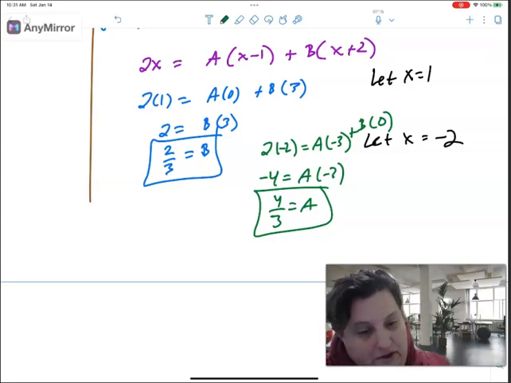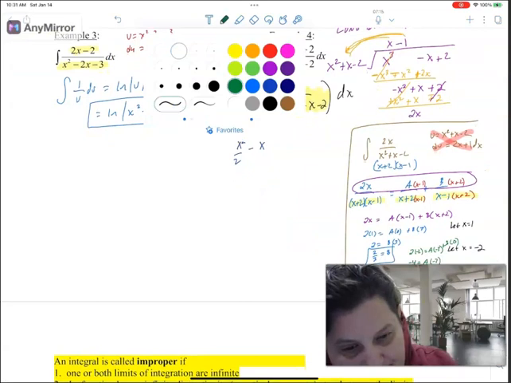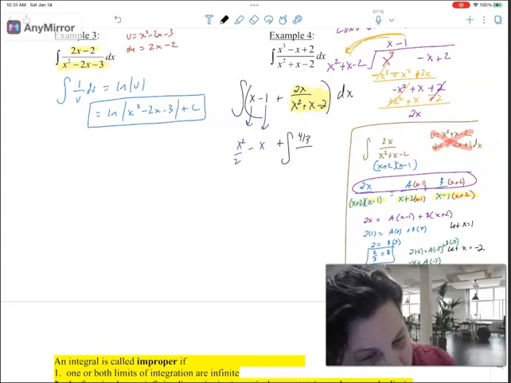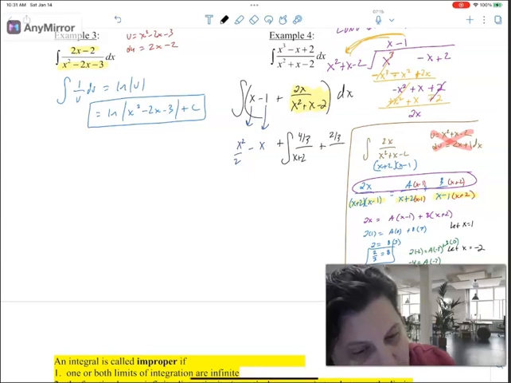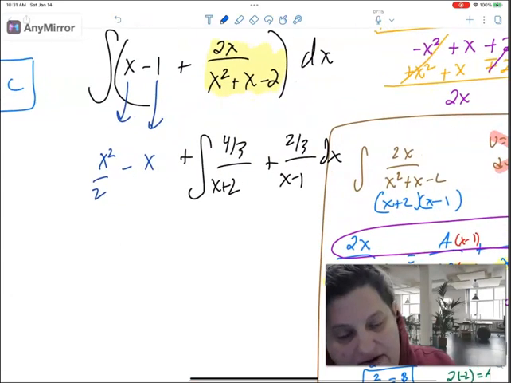Alright, remember what we were trying to do in the first place. I'm going to go back over to here, and I'm integrating A over x plus 2 and B over x minus 1, okay? And so here's my final answer.